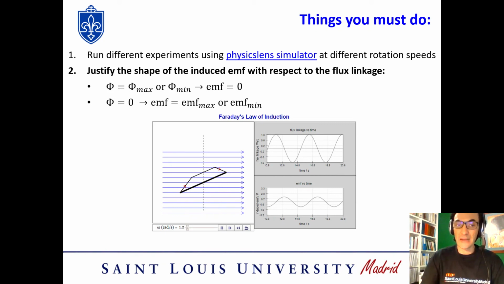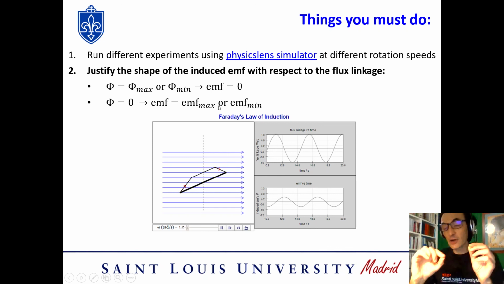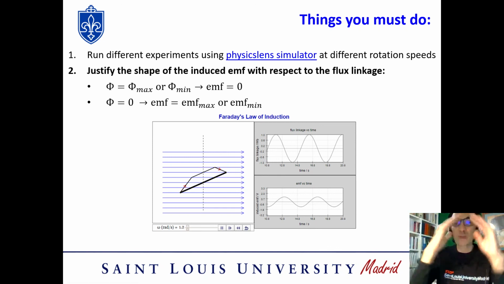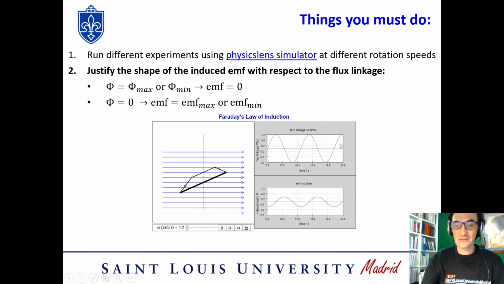In other words, why when we have maximum or minimum flux, we have zero electromotive force, and why, when we have zero flux, we have maximum or minimum decreasing or increasing EMF depending on which stage we are within these cycles. Okay? Remember, you want to use Lenz's law, the minus, on this Faraday's law. Alright?